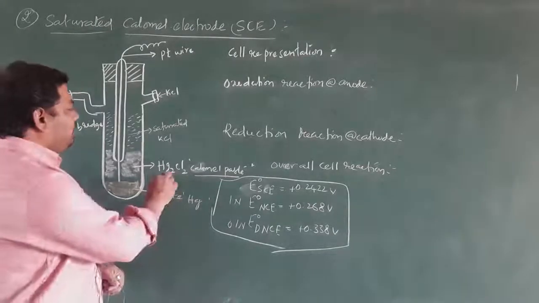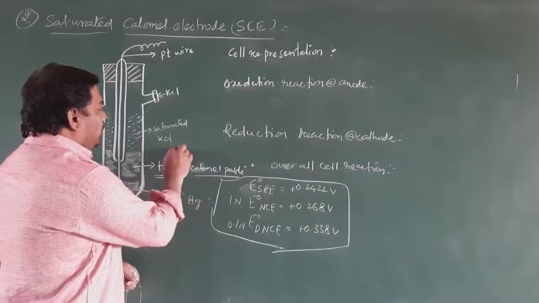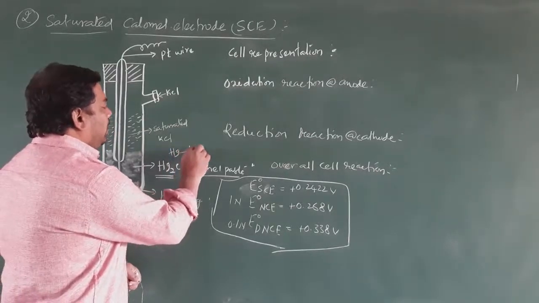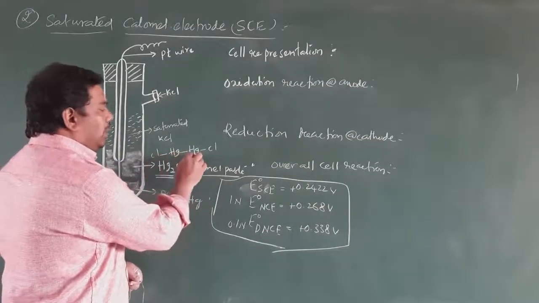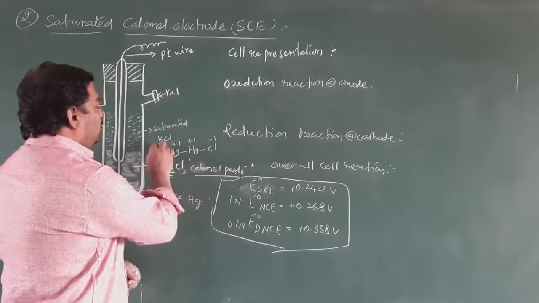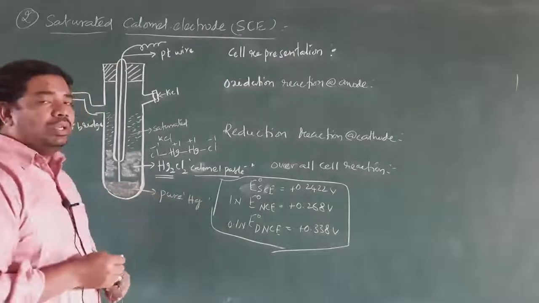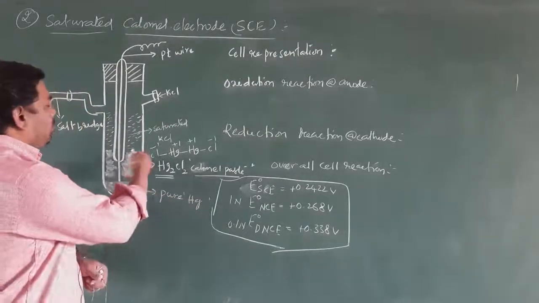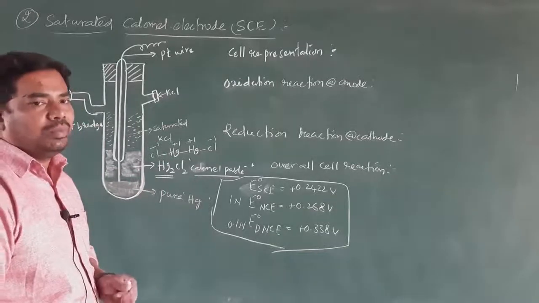Here, mercurous chloride is not monomeric, it is a dimeric molecule which has a metal bond. So this is Hg2Cl2, with Hg2 2+ and Cl minus, mercurous chloride. This mercurous chloride is covered with saturated potassium chloride solution.